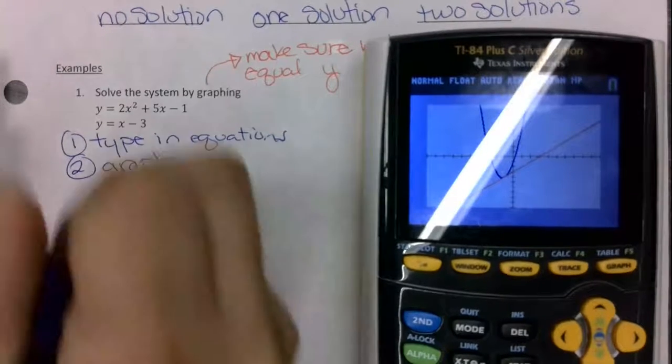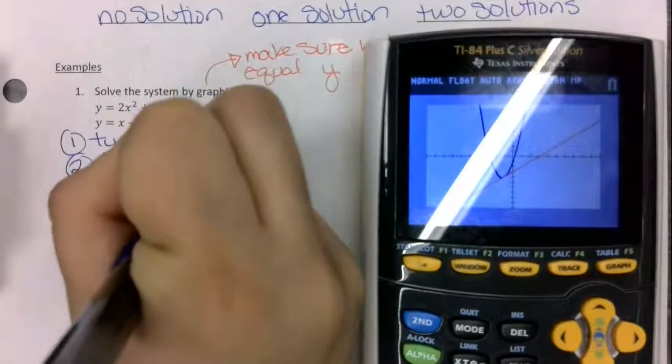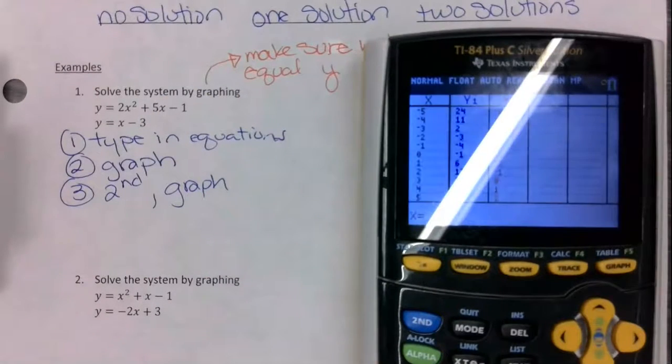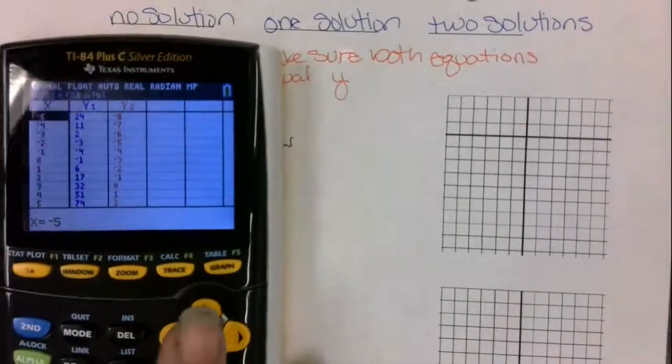Okay. Then I am going to go to second and then graph to get the table of values. I have to cover my steps.